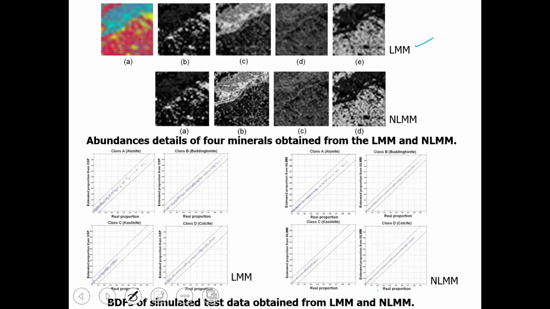Output values range from 0 to 1, where 0 represents absence of a class, and 1 represents full presence of a class. Intermediate values, for example 0.5, may represent 50% presence of that class. This is how we interpret the output maps, which are also known as abundance maps. In the bottom figure, we plot the real proportion versus the estimated proportion from the model and see how good the plots are.